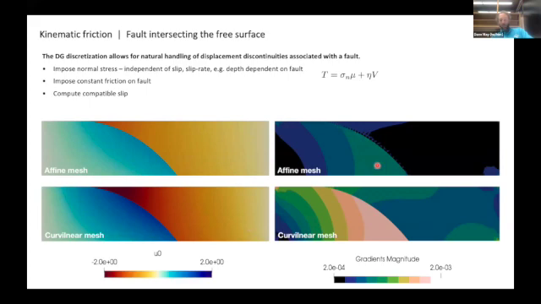And what you can see, these have the same color scale range as the, again, even in that case of simple friction law with straight line segments in your fault, you have a whole series of stress concentrations appearing along this interface just due to the nature of the geometric representation. But if you switch to a curvilinear approach, this doesn't happen. Everything's nice and smooth, and your friction law, if it was time dependent, maybe coupled to rate and state, would be better behaved. That's kind of the point.